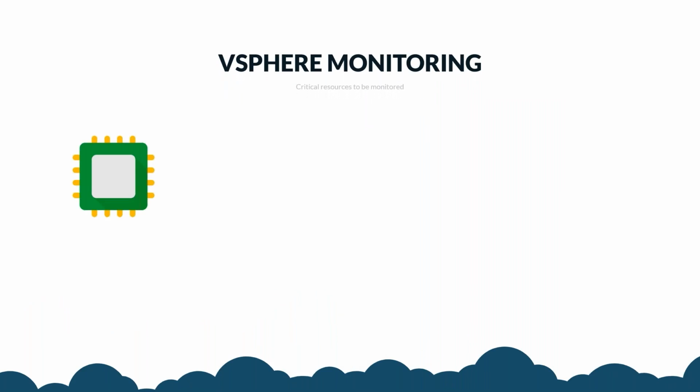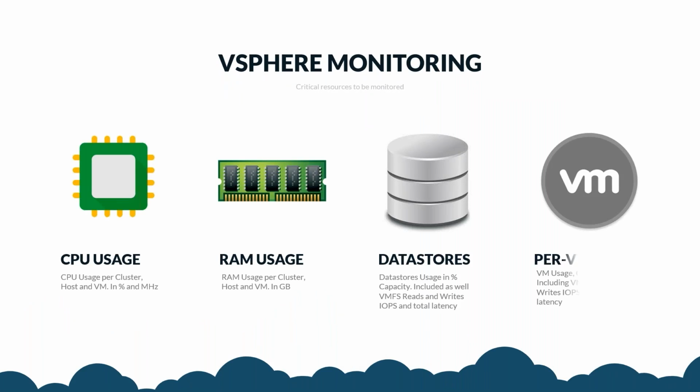So, critical resources to be monitored, let me put all of them on here. Probably you as a vSphere admin, or if you're working as part of the team that is managing the vSphere environment itself, you want to get the CPU usage of the cluster, the host, and the VMs in percentage, and probably in megahertz as well. I'm pretty sure you want to get RAM usage as well of the cluster, host, and VMs, in gigabytes most likely.